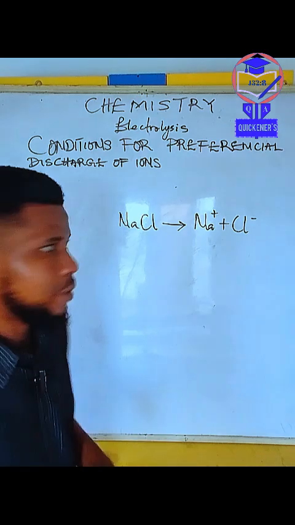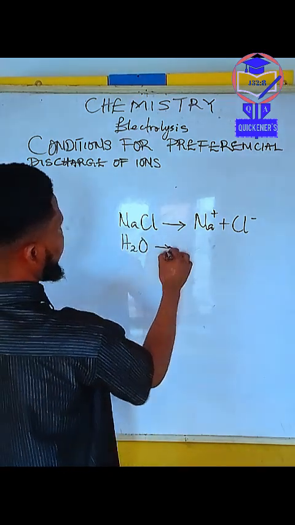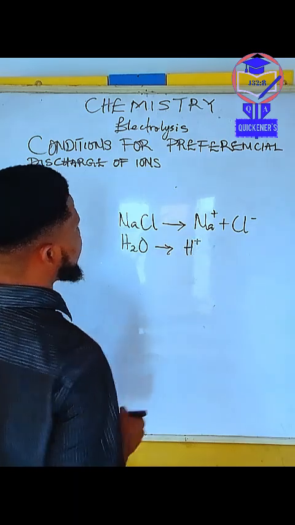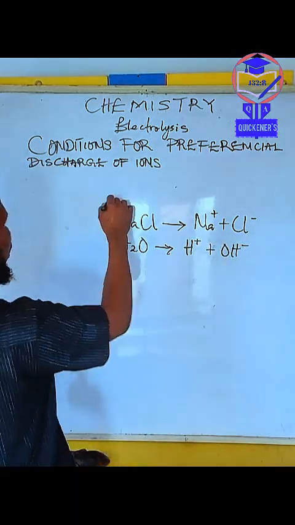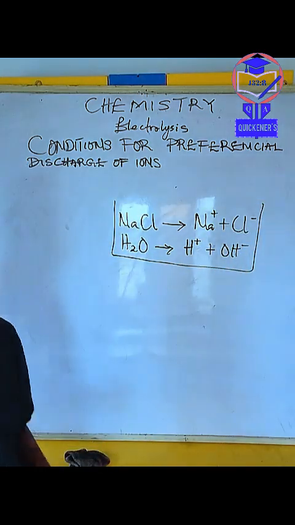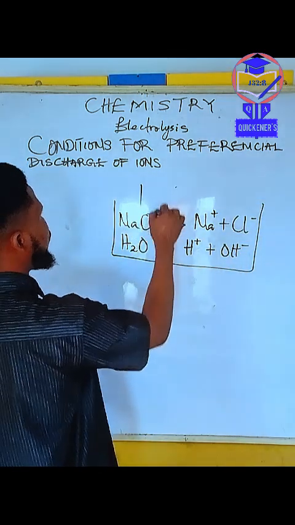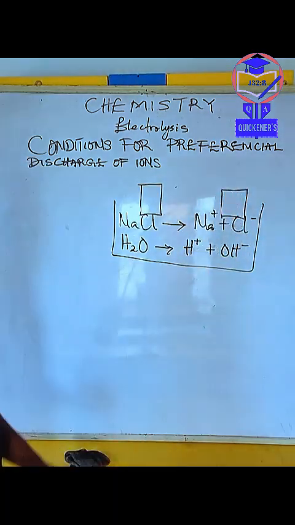Chloride ion, right? Of course, water is there. You have water too. So water will decompose to hydrogen ion and hydroxide ion. Now this whole thing is inside the chemical system, like this. Are you getting it now? Of course, we have our electrodes, the positive electrode and the negative electrode.